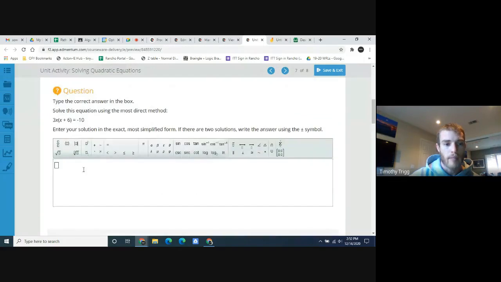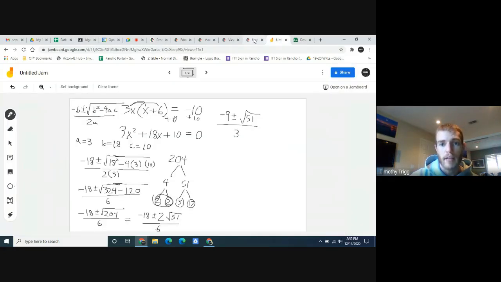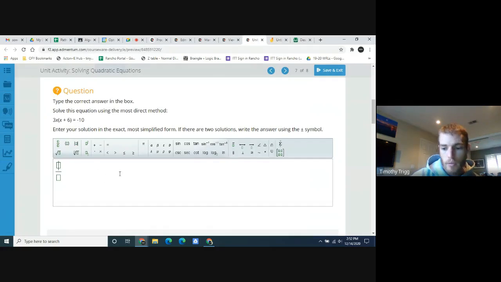So how do we write that weird answer in here? Well, we could use this equation editor. So I would say start off, we got a plus and a minus version. I don't know if they're going to have a plus and minus thing. Doesn't look like we have one of those. So we're going to write it into two different things. So the first one we'll write as a plus. So negative 9. Again, I'm using this fraction thing.